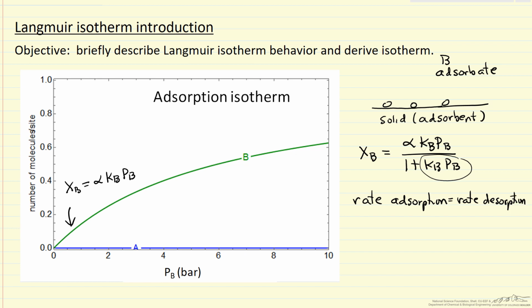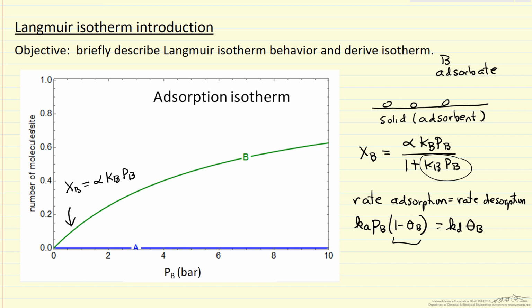The assumption is that we can write the rate of adsorption as some adsorption rate constant, times the pressure of component B, times 1 minus the fraction of sites that are occupied by B, or this term is the fraction of vacant sites. And the rate of desorption is the desorption rate constant times the fraction of the sites occupied by B. Instead of fraction, of course, it could be the number of sites, and that just changes a constant.